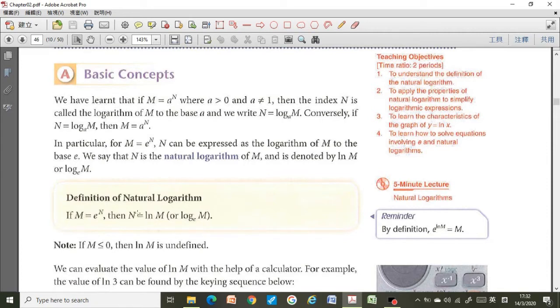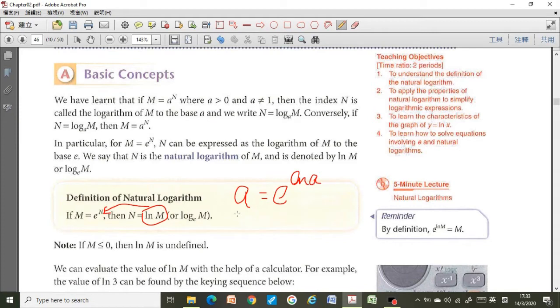If you replace this n into the position here, then m is just equal to e to the power ln m. So you get this one. It is very important. Why? If you have a number called a, then this can be written as e to the power ln a.